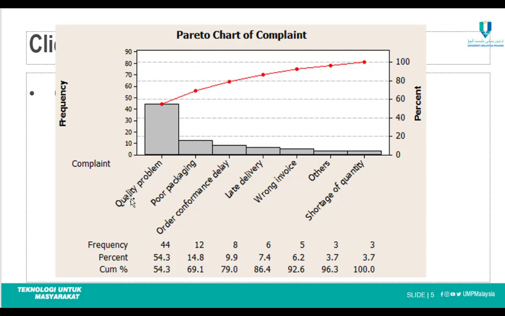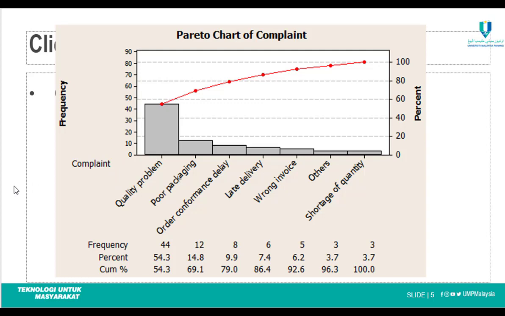We found out that the main problem that we face is the quality problem. The most complaints coming from the customers are regarding quality, and besides that, we also have poor packaging and so on. So in this project, we will focus on the quality issue.